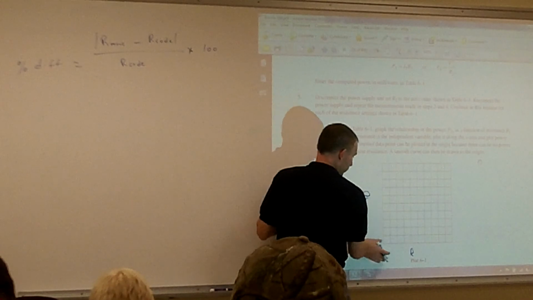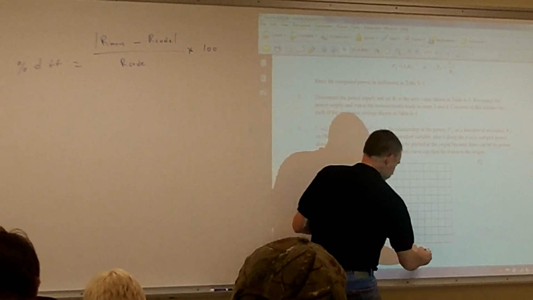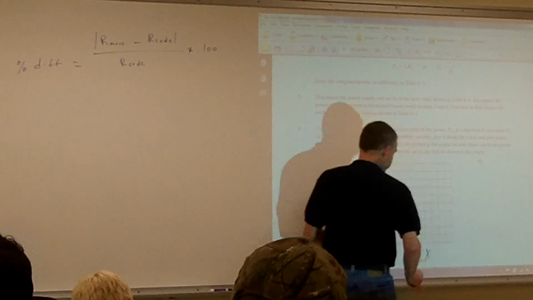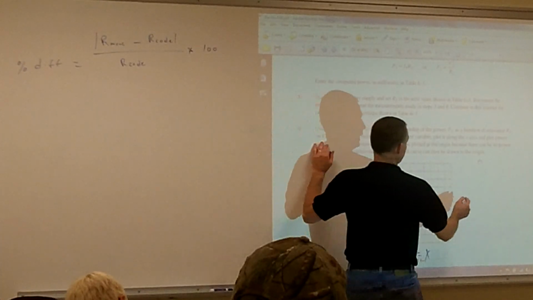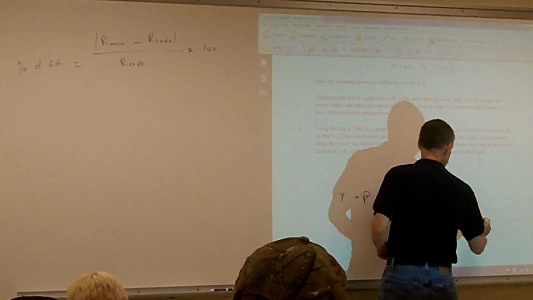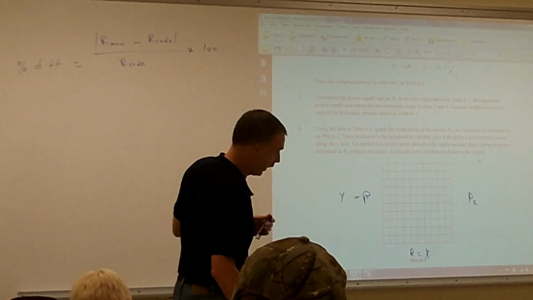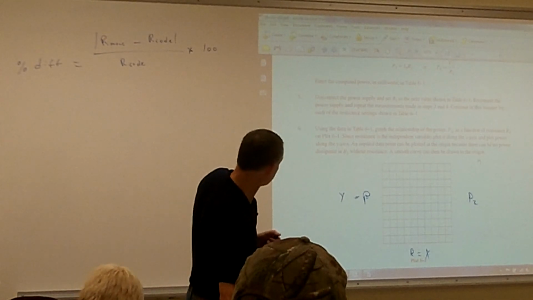So this is going to be your power curve, with P being your Y value, R being your X value, and your series is just going to be something like power P2. That's going to give you what your power is going to look like. Okay?